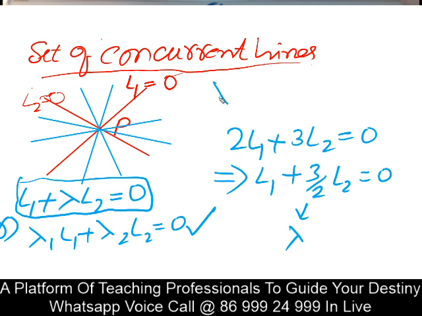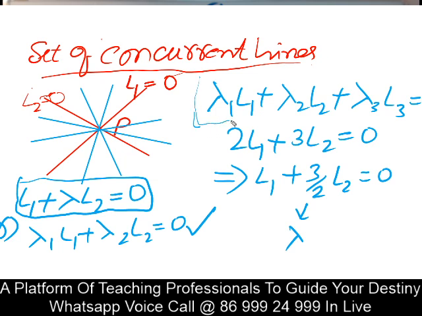Similarly, the equation of three concurrent lines can also be taken like this: lambda 1 L1 plus lambda 2 L2 plus lambda 3 L3 equal to 0. This is also a very important concept, please. I will tell you an interesting question on this concept.